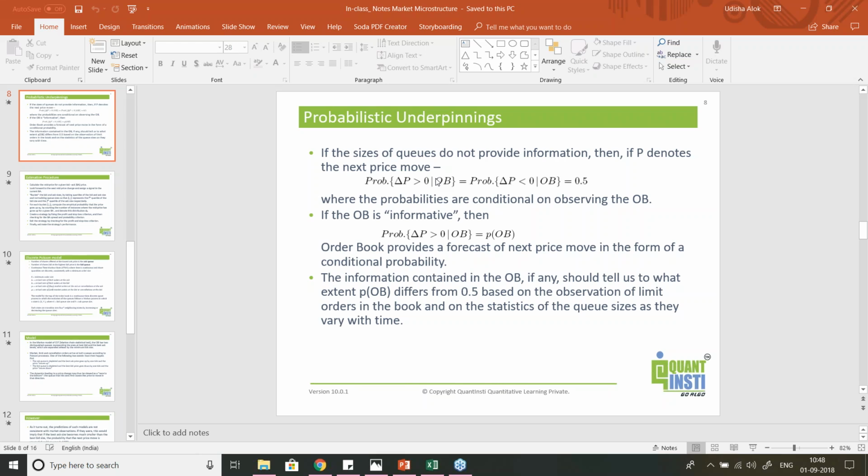If your probability given particular order book information is more than 50%, then you can say it is informative.